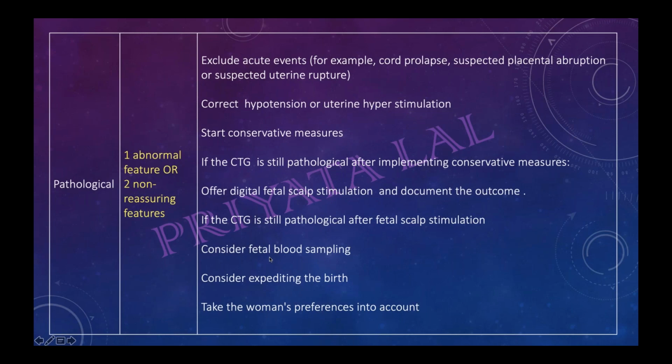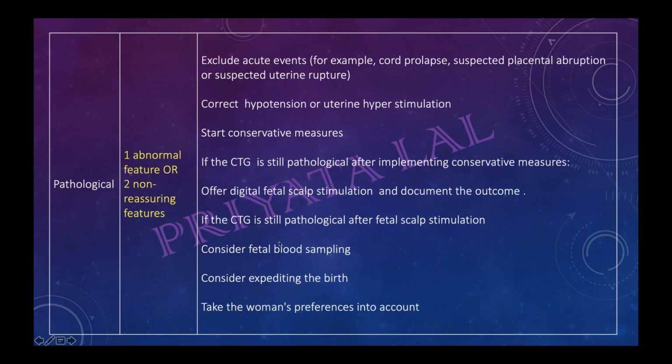Here is the catch: before you put the answer as fetal blood sampling, you have to check the dilatation. If it is more than 4 centimeters dilated, only then can fetal blood sampling be done. But if they have not given dilatation, or if it is less than 4 centimeters dilated and you have a pathological trace, then your answer will be expedition of the delivery.